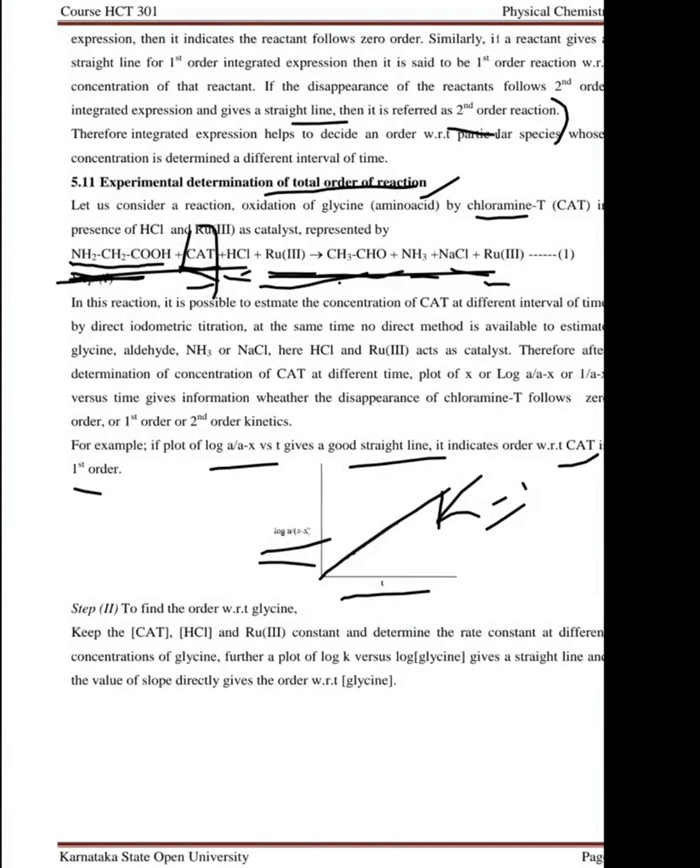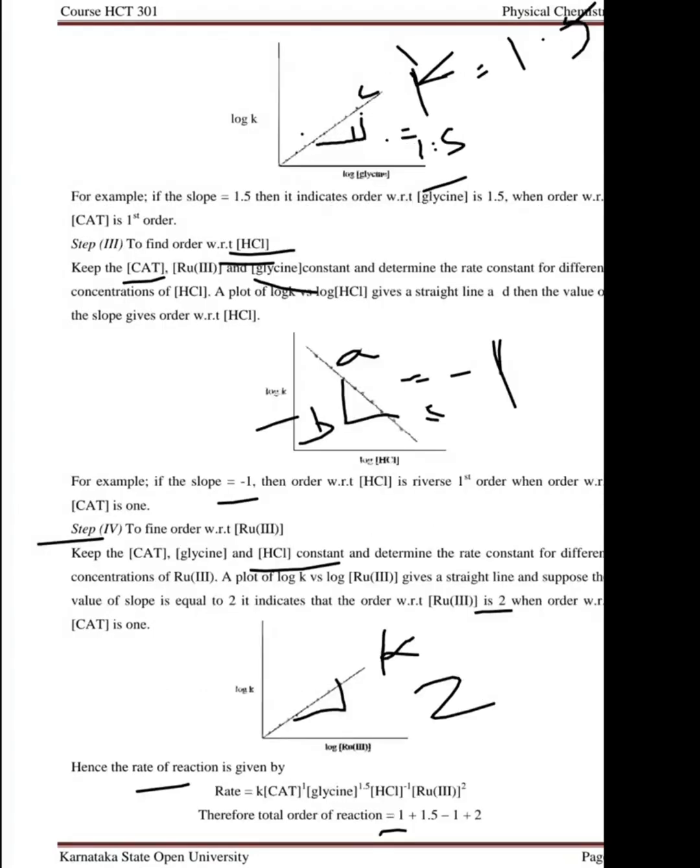What is the rate of reaction taking place? From the slope we have got 1. This is the rate constant or rate of reaction for the glycine. So that is what we have taken here. To identify the total order of the reaction: 1 plus 1.5 is the order of the reaction for chloramine T, from this slope.